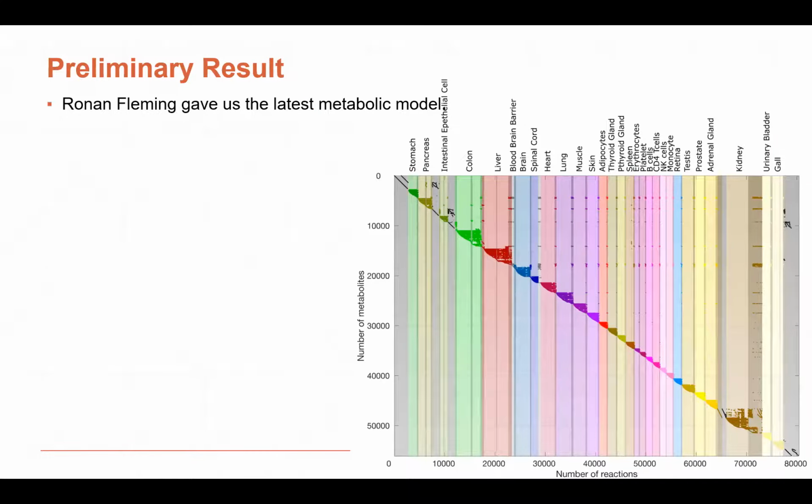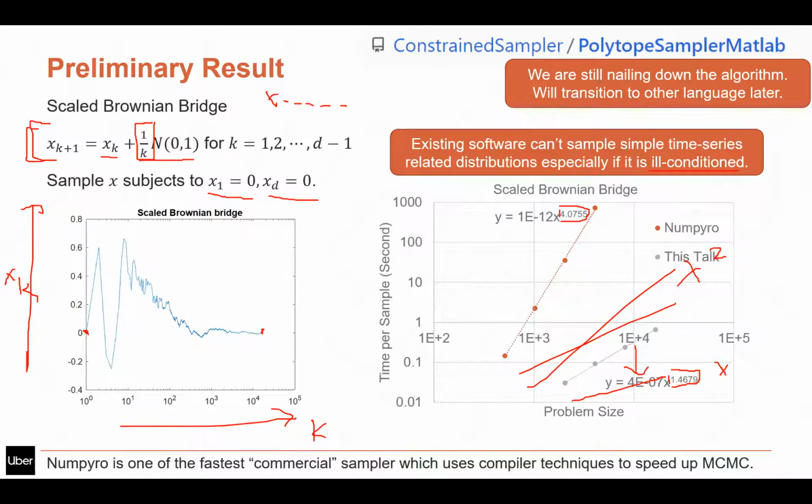Hold on, Yin Tat. I'm kind of missing the context here, because you were talking about this Riemannian, Lagrangian, Hessian, whatever sampler. I mean, that's usually good for polytopes. There are only two linear constraints here. Yeah, there is no polytope here.